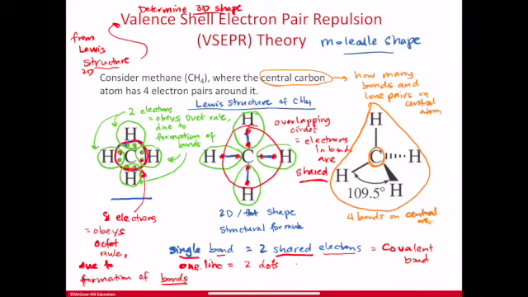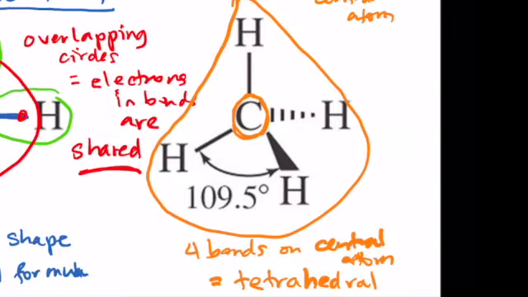And this is a recipe, basically. When you have 4 bonds on the central atom, this forms a shape that is called tetrahedral. And this tetrahedral shape is basically a tripod. A tripod is a base of 3 with a tall top. It's a tall pyramid, and the central atom has 2 bonds coming out at the top and then roughly off to the side about 120 degrees.